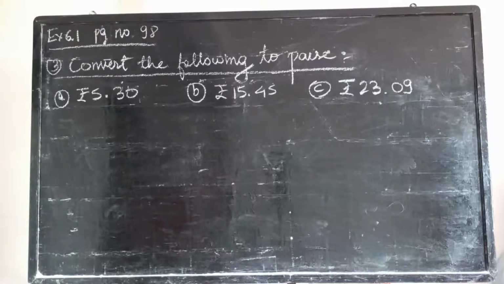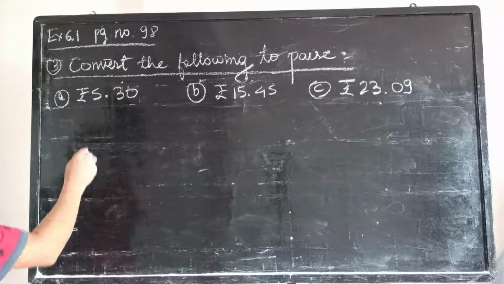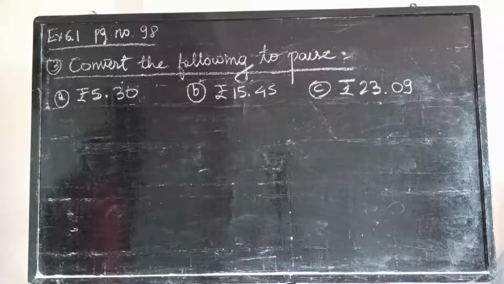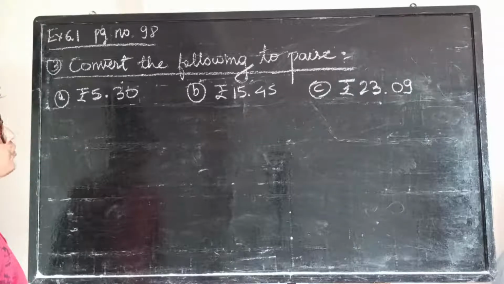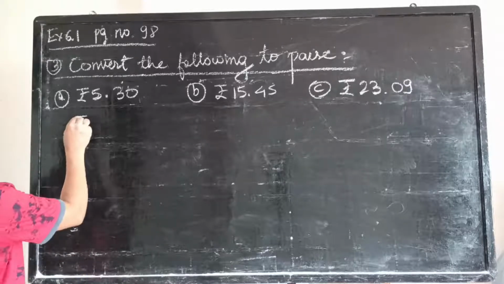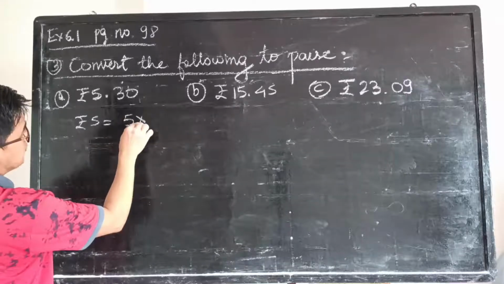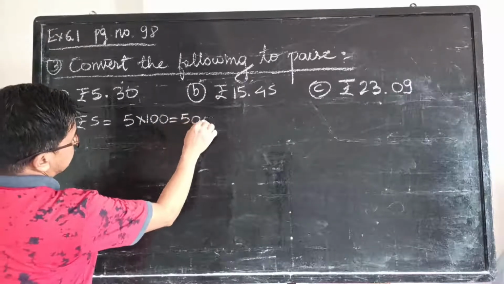Now number 3. Convert the following to paise. We know that when we convert rupees to paise, we have to multiply by 100 because 1 rupee is equal to 100 paise. Now convert rupees 5 and 30 paise into paise. Rupees 5 is equal to 5 into 100, which is equal to 500.